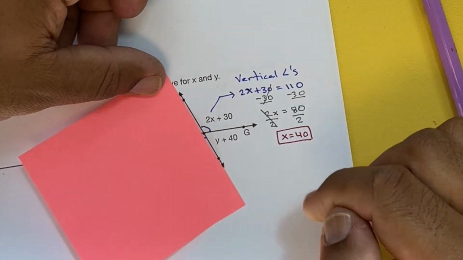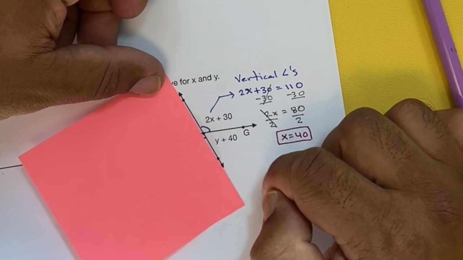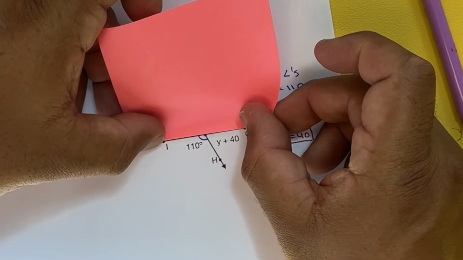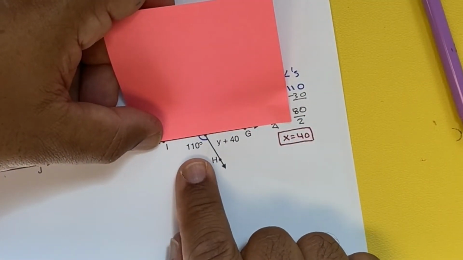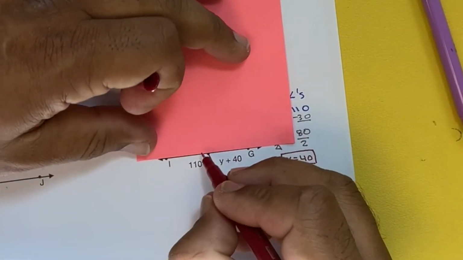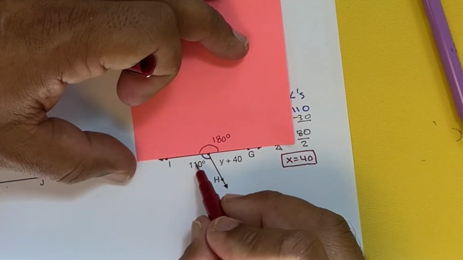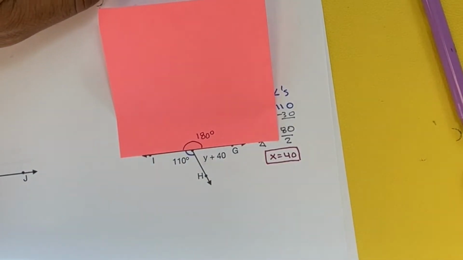But if I'm solving for x and y, that's an x in there and a y in there, so I don't want to mess with that. So I'm going to look at this relationship instead, where I only have one variable, y. So I have 110 and y plus 40. A line has 180 degrees in it. So this angle plus that angle should add up to 180 degrees.